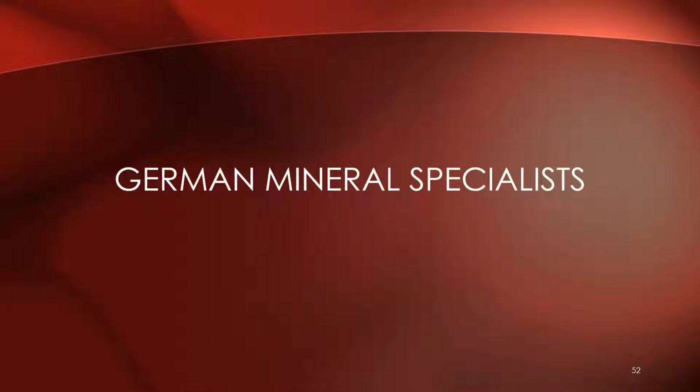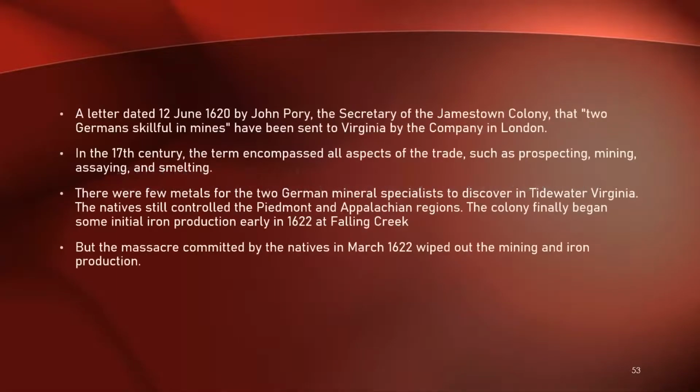Then another group that was there were mineral specialists. These men too wanted to see what sort of minerals might be found in the area once you get out of the tidewater range. And so German mineral specialists were brought in.